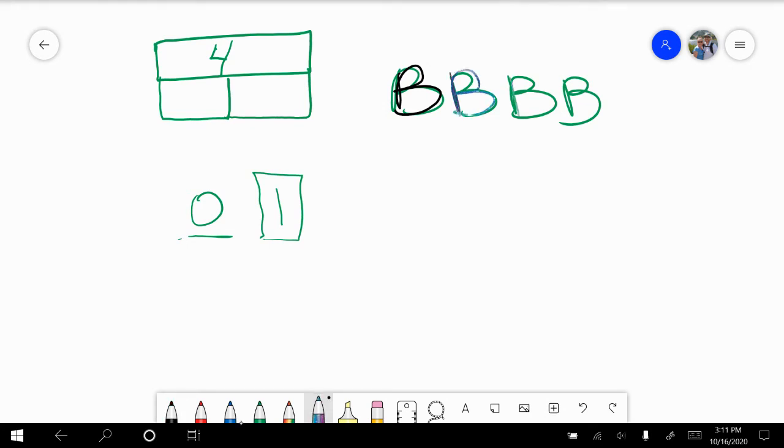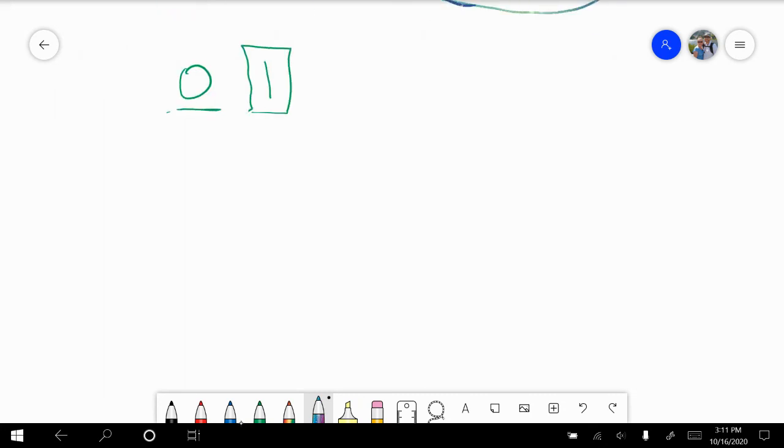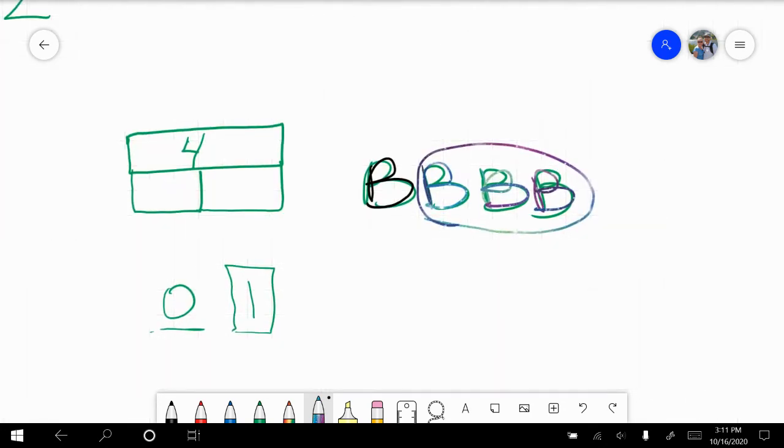1, 2, 3. Okay, so I know it's not brown, but it's the best I have right now. So I have one black. We figured out one black. And then how many are brown?